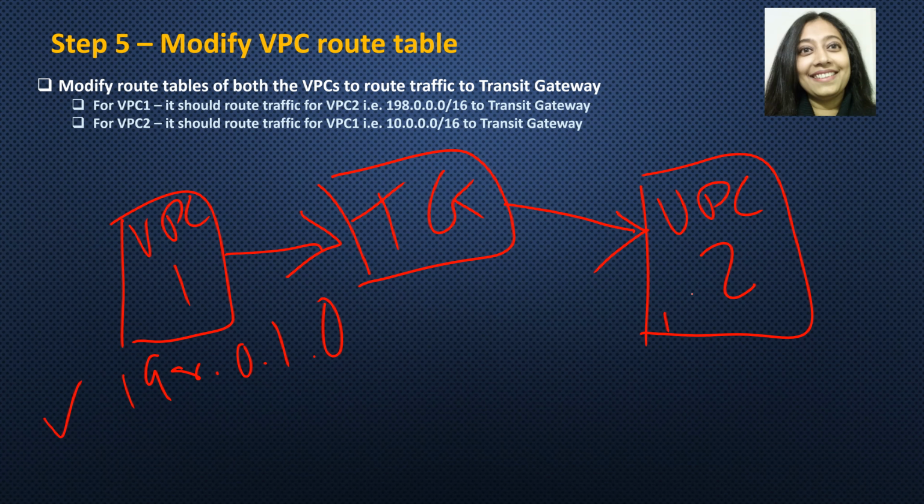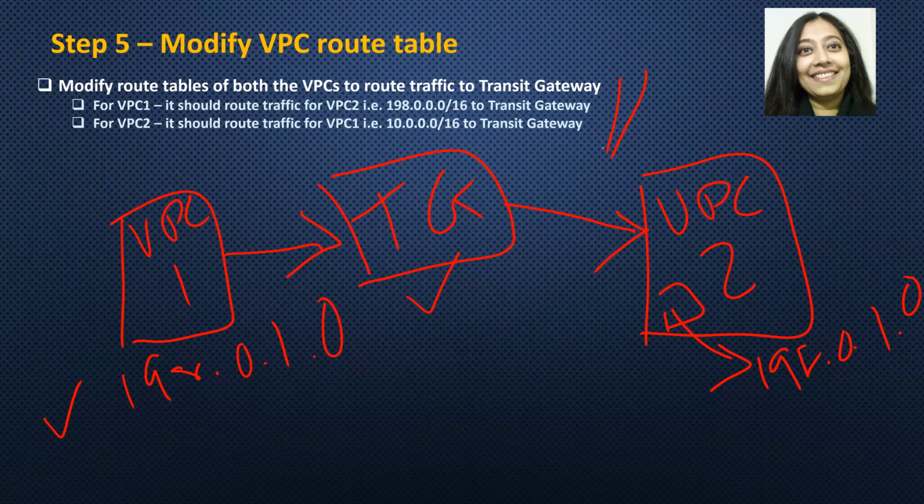Okay, it is one of my EC2 instances over here, with the IP address 198.0.1.0. But for this communication to happen, that is, to ensure that this request gets propagated to the transit gateway, and then in turn the transit gateway is able to direct it to the correct VPC, this particular route needs to be added. Now, this can be true in the reverse direction as well, right?